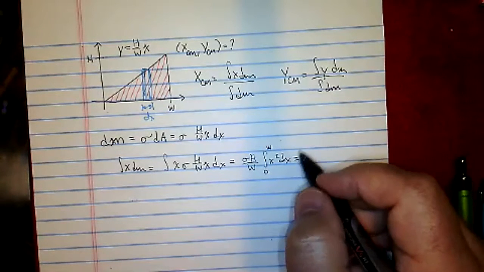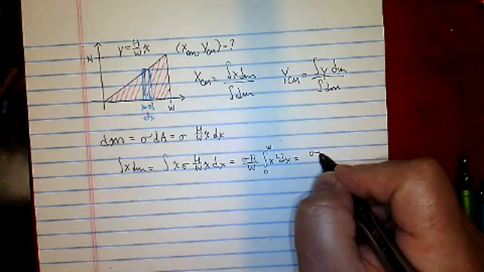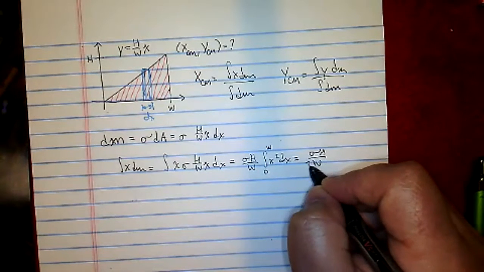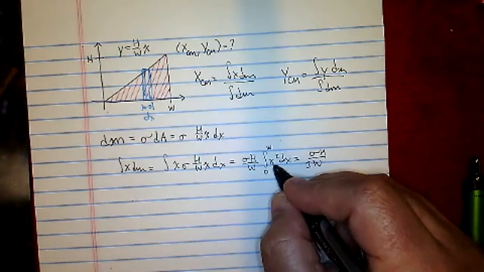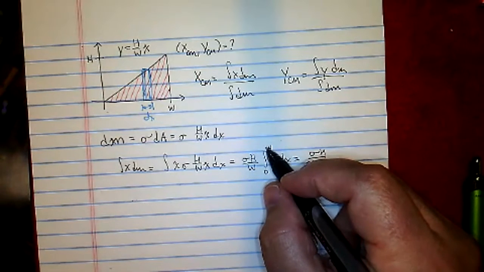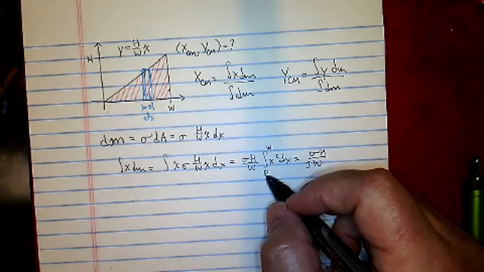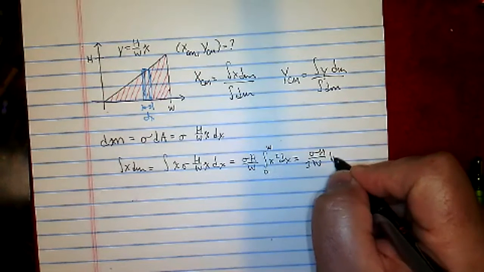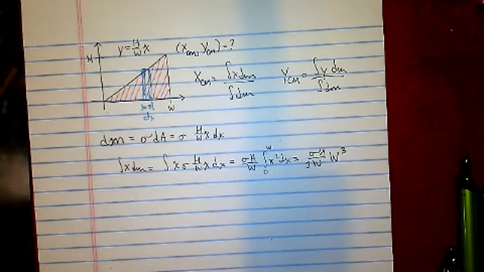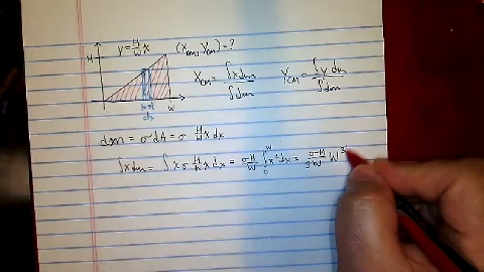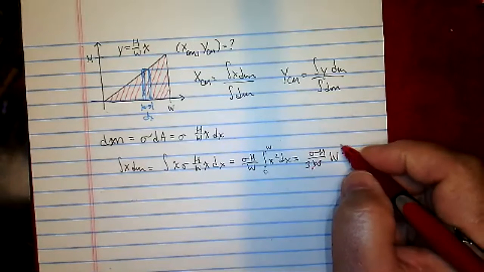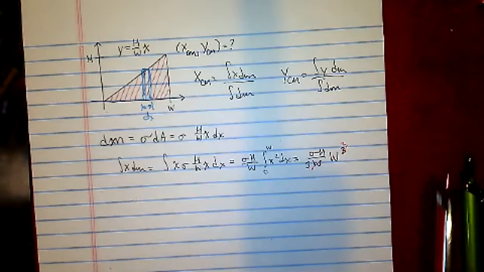The integral of x squared is 1/3 x cubed, and when I evaluate at w, I get w cubed. When I evaluate at 0, I get 0. So it's going to be w cubed here, the 1/3 being in the bottom. Obviously, this exponent of 3 can cancel out with this w right here and leave a 2 up there.